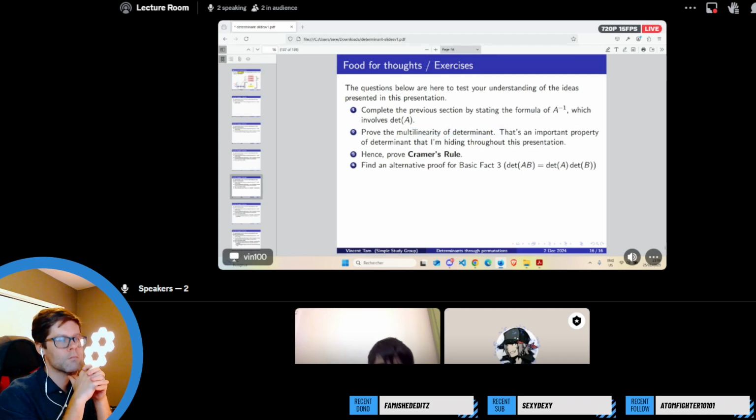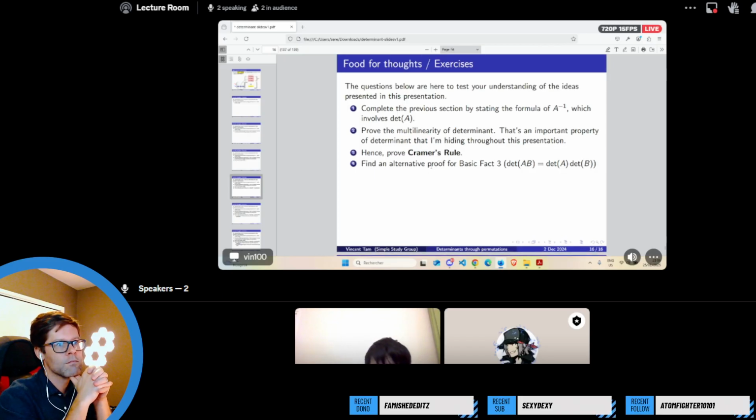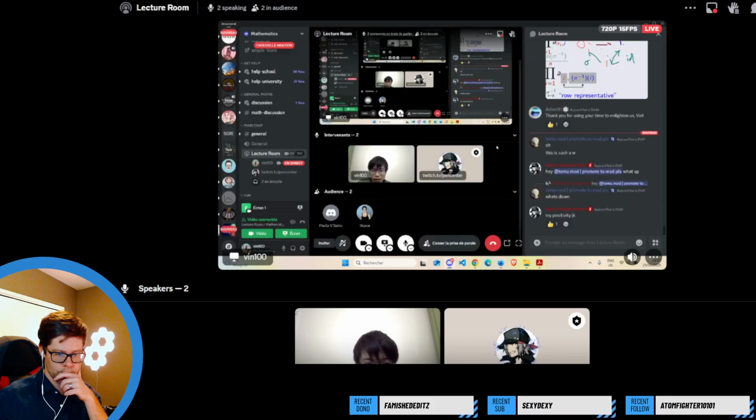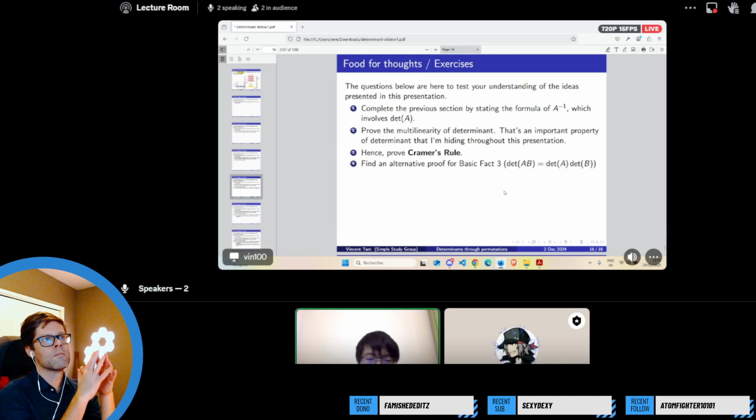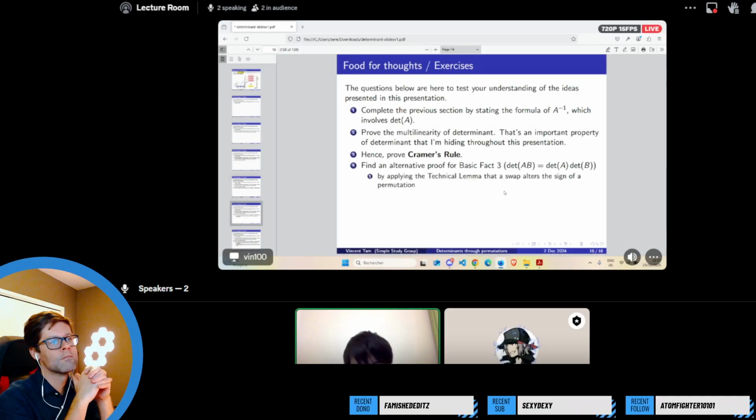And for an alternative proof of basic fact number 3, the alternative proof is on wiki, showing that the determinant operator is unique. This is a classic result, and I'm sure that you can find it on Math Stack Exchange.